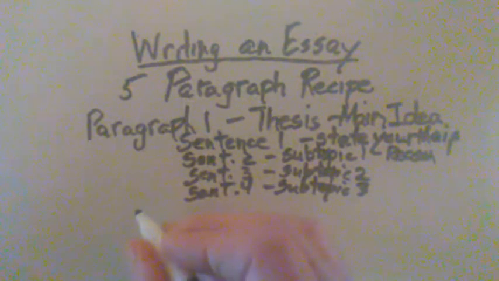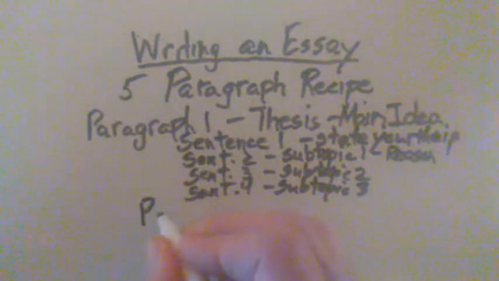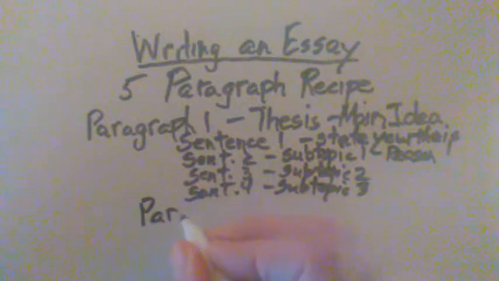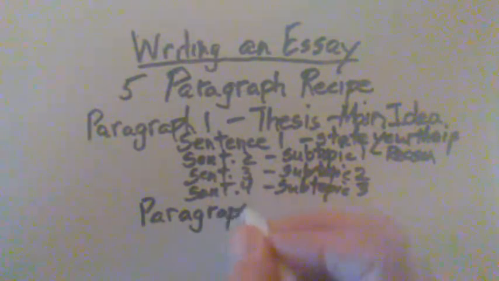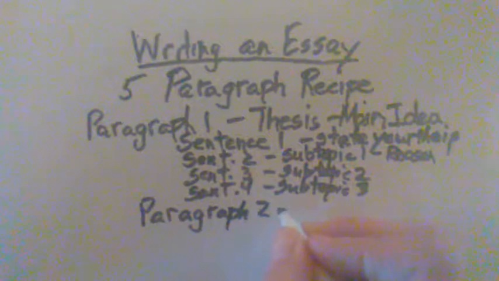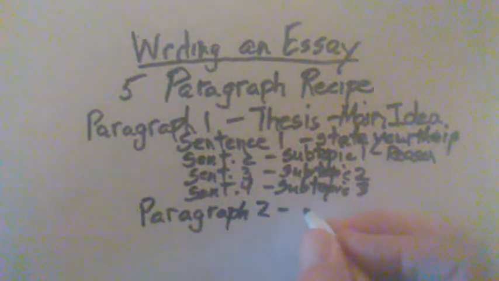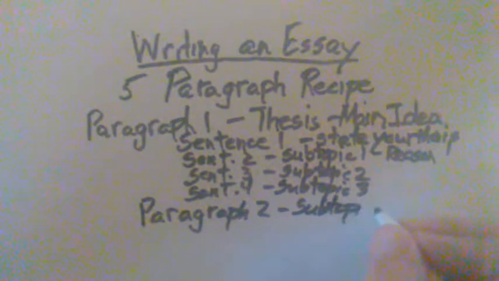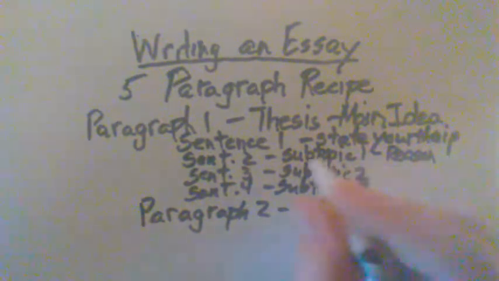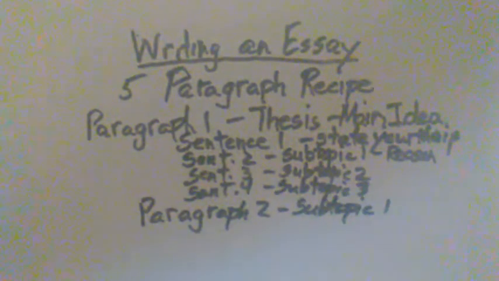Now, paragraph 2. I'm going to indent it here because it's not as important as paragraph 1. It supports paragraph 1. So paragraph 2, you're just going to take that first subtopic. Subtopic 1. That first reason that you listed in paragraph 1, you're now going to write about that.